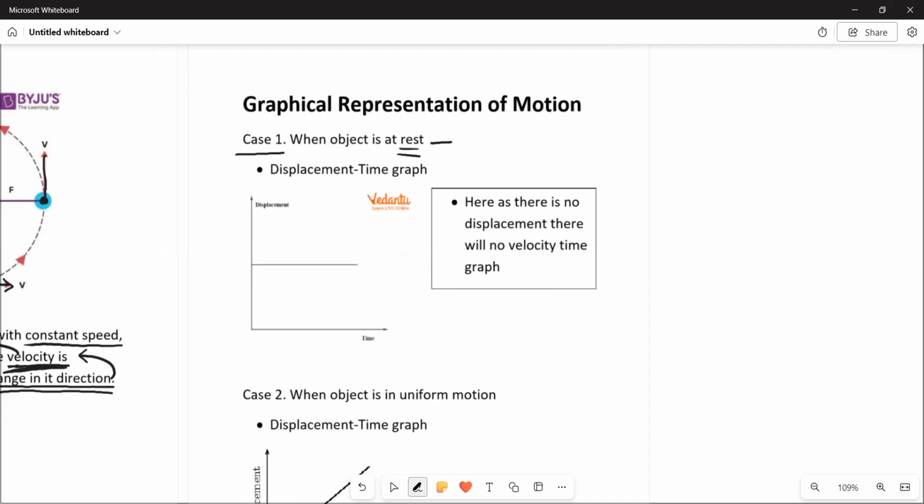When we say that an object is at rest, there is no displacement, which means the object is at rest. And see, the displacement is constant. This is our displacement time graph. It is also shown over here that we are discussing it on the displacement time graph.